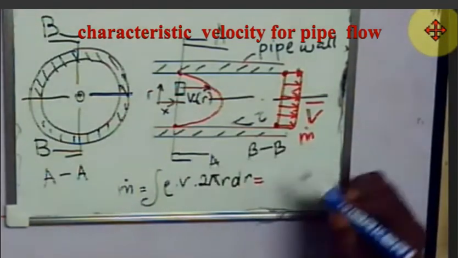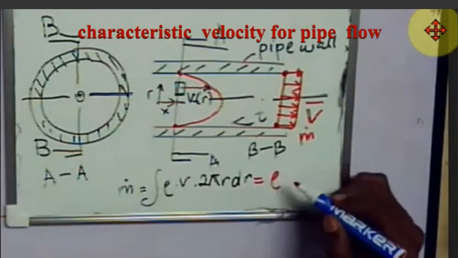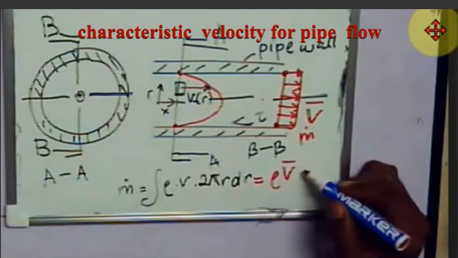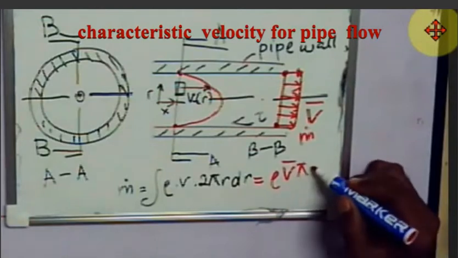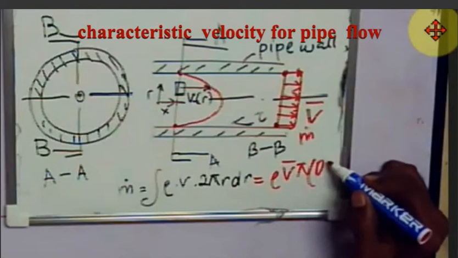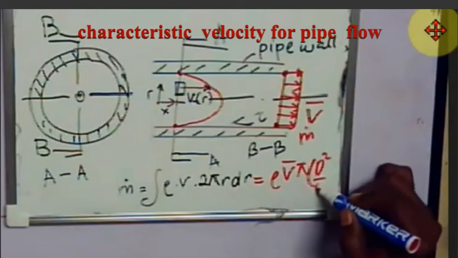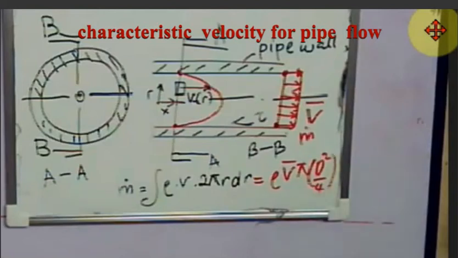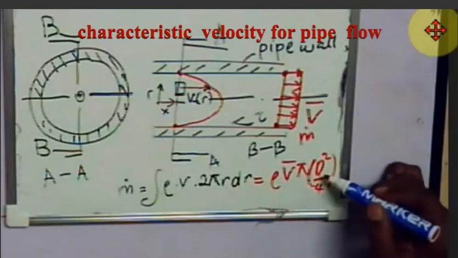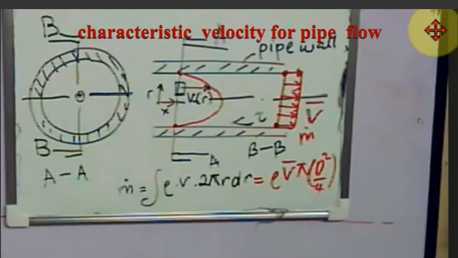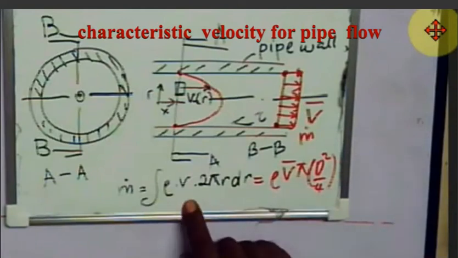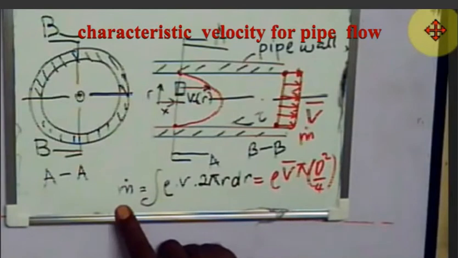So this is equal to rho V average times d squared divided by 4, where d is the diameter, or you can write r squared, to get the same amount of mass flow rate.